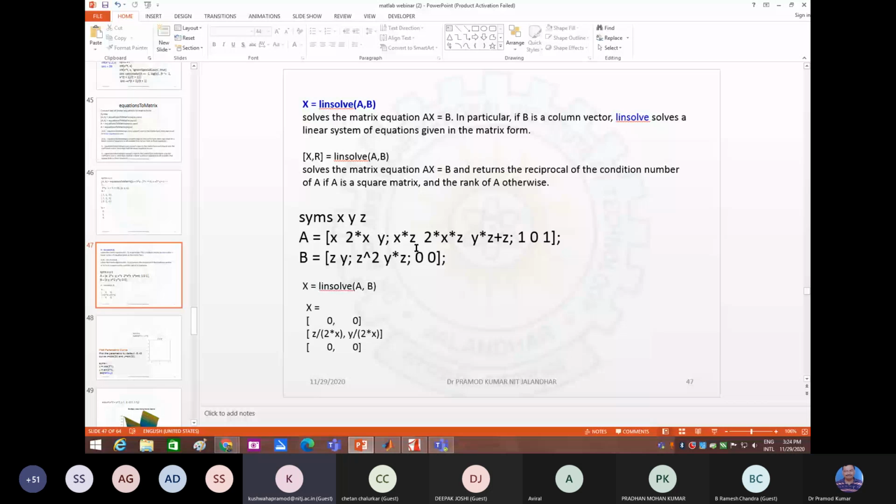Similarly, x square, x, 2x, y, x, y, xz, 2xz. This is the 3x, 2x, y, and xz, 2xz, yz plus z, 101. This is the matrix. B is your column vector, but here we do not have a column vector.